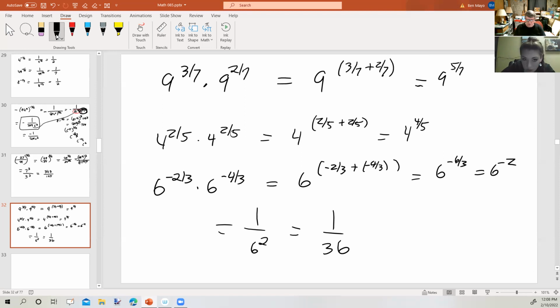Oh yeah, bring your lunch with you when you do these problems. So what am I doing? I'm adding the exponents. I reduced it down and then, oh, it was a negative exponent. So I rewrite it with a positive exponent and then I applied the exponent to get the 1 over 36.